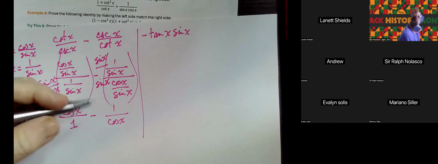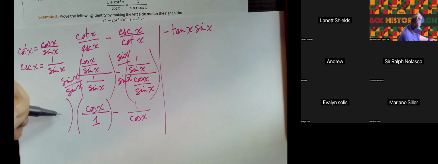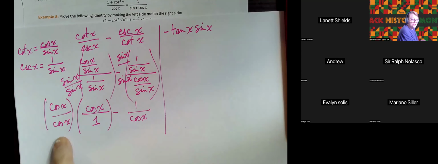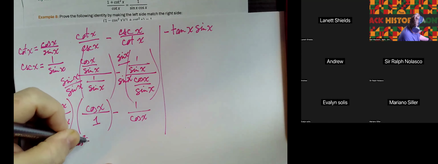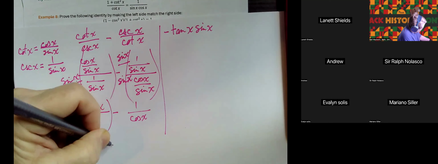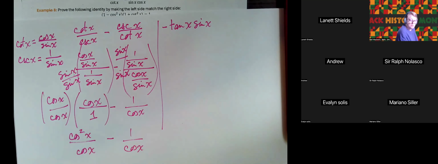Good. Okay, so now this first fraction is going to become cosine squared x divided by cosine x. And the second fraction is going to stay 1 over cosine x.